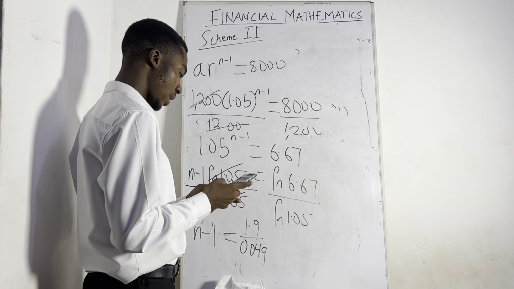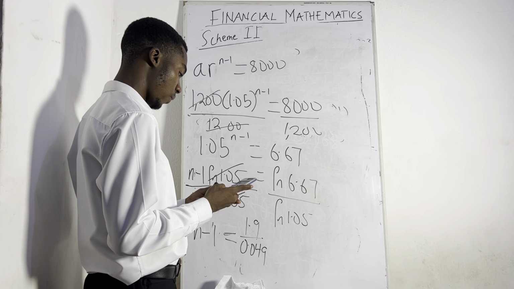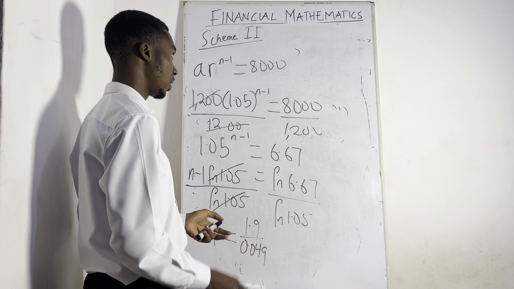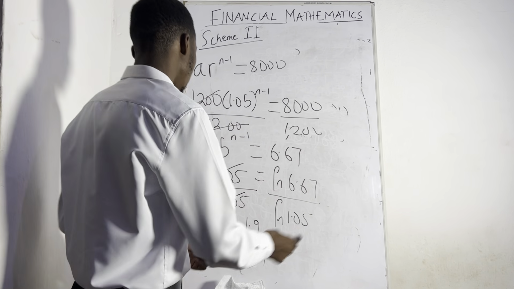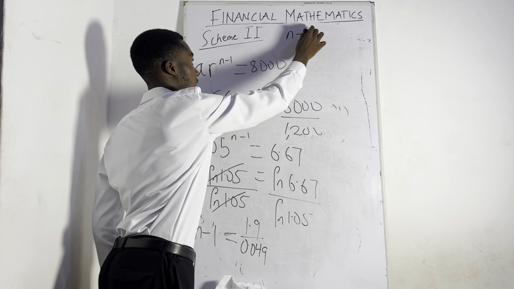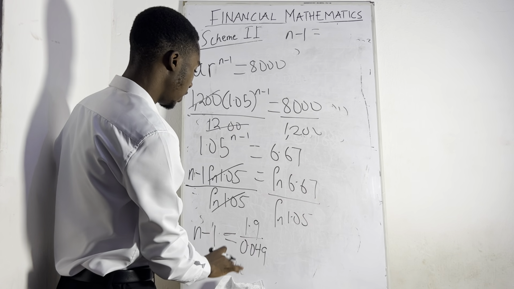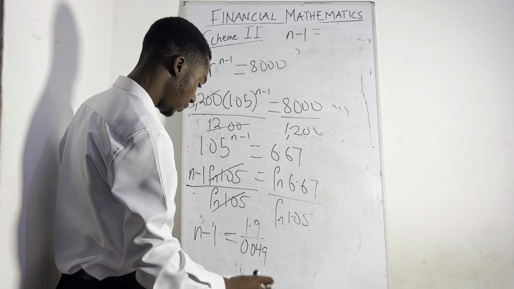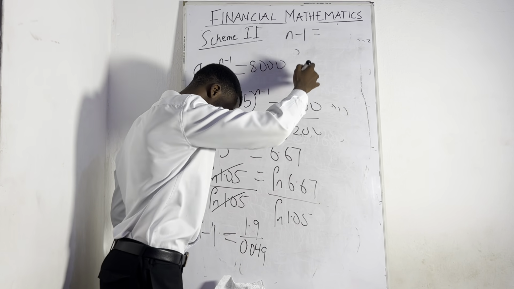So 1.9 over 0.049 should give us 38.77. Let me continue somewhere here. So n minus 1 is equal to 1.9 over 0.049, and this gives us 38.775. So let me just make it 776.